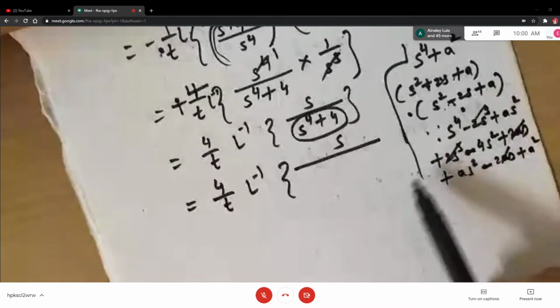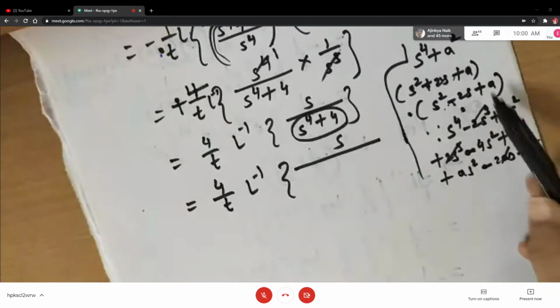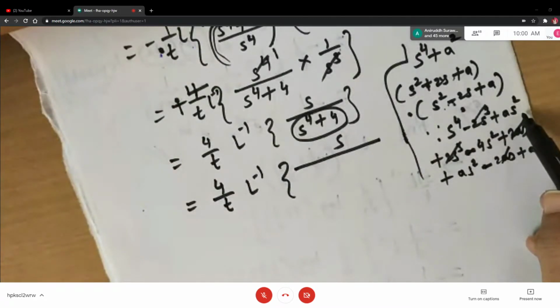When I multiply by a to this, it is minus 2as. This is plus as square. And this is the last term, plus a square only, right? So what are you getting here?